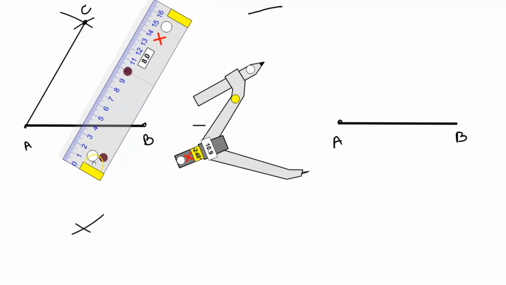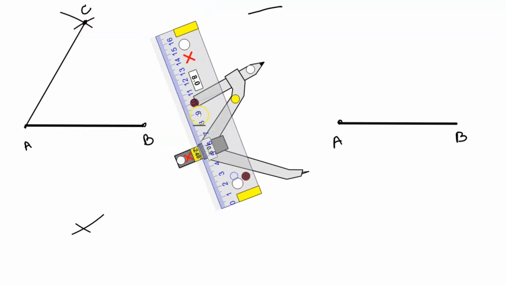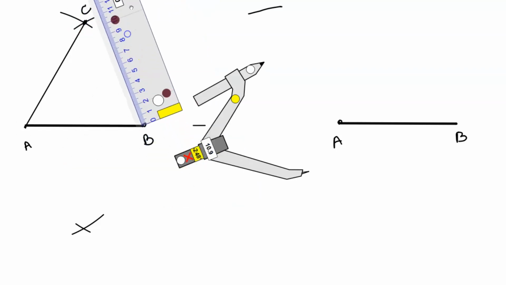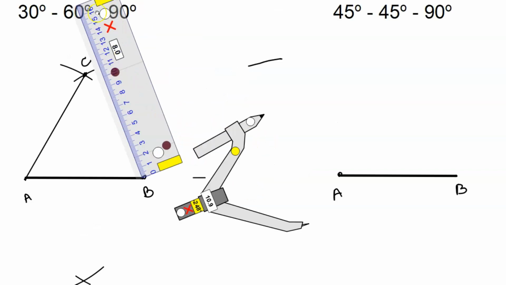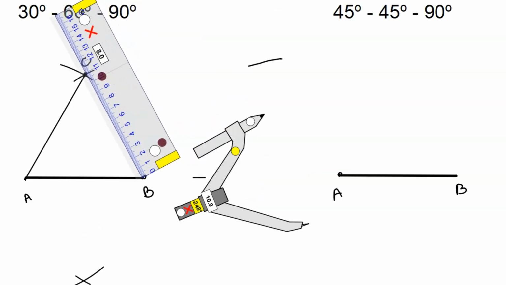So let me get this rotated around here. Put that point there. Rotate that around, line that up. And what we've just created here. That's not going to work. Let me try that again.